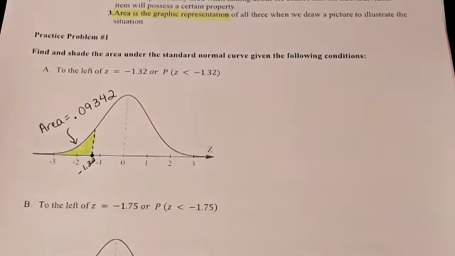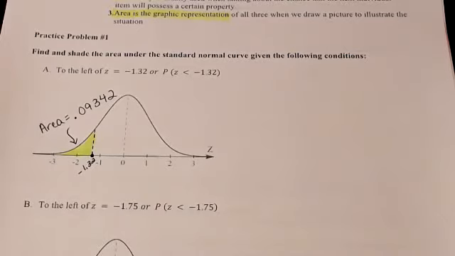So we have found the area. We can say that the probability that a value falls within this range is 0.09342. We could say there is a 9.342% chance that a value falls in this range. So there's many ways to describe this, okay? But that's essentially what we are looking for.